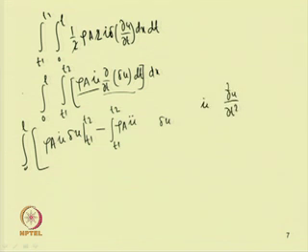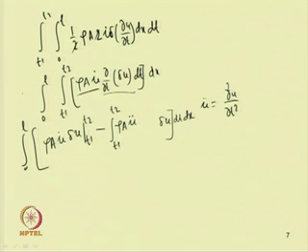So, rho A u double dot into del u, with dt and dx outside. According to our Hamilton principle, this term del u vanishes at the two times, T1 and T2, that is why this term becomes 0.